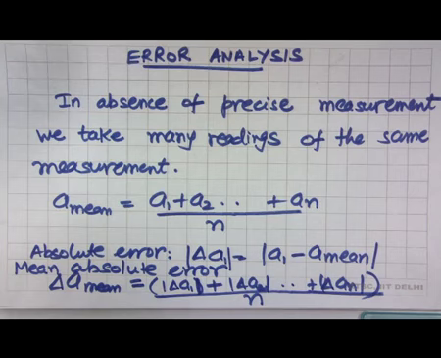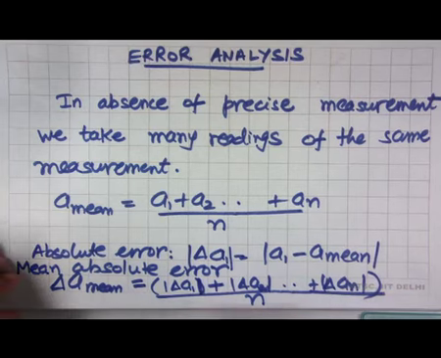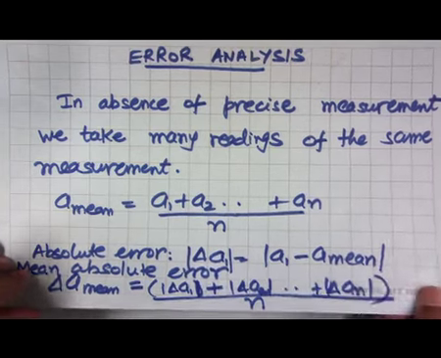So, for each of these measurements we can find the absolute error, and we can take the mean of all absolute errors, which we call delta A mean, and that, as we have seen, is given by the sum of all the absolute errors divided by the number of observations.